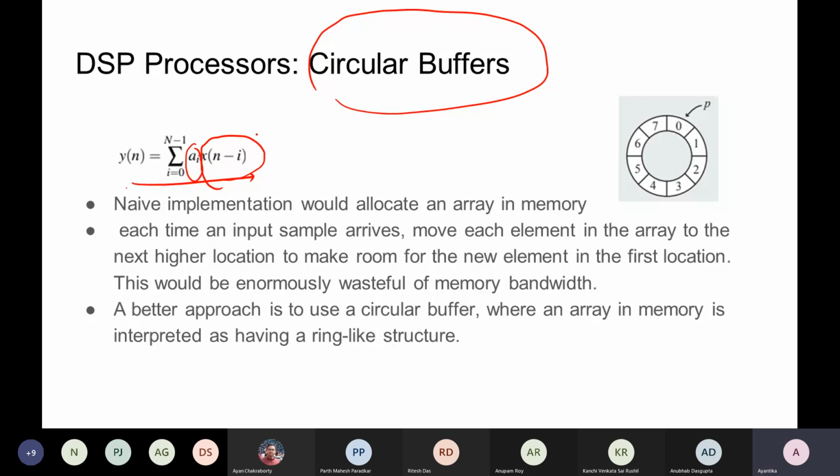The direct implementation is that we allocate an array in memory, storing these values in consecutive memory locations. Each time an input sample arrives, there is some related multiplication, and then it moves each element in the array to the next higher location.